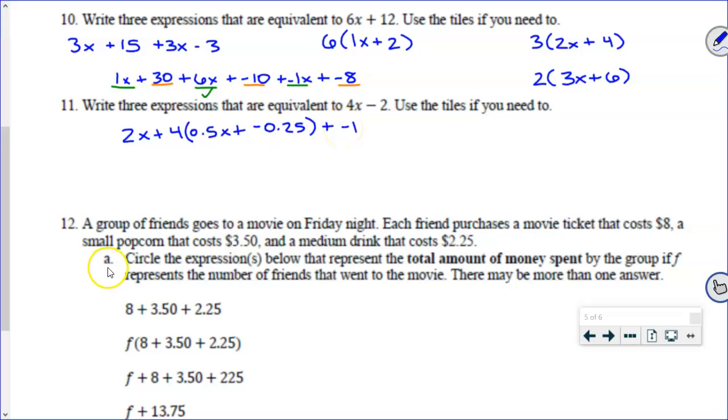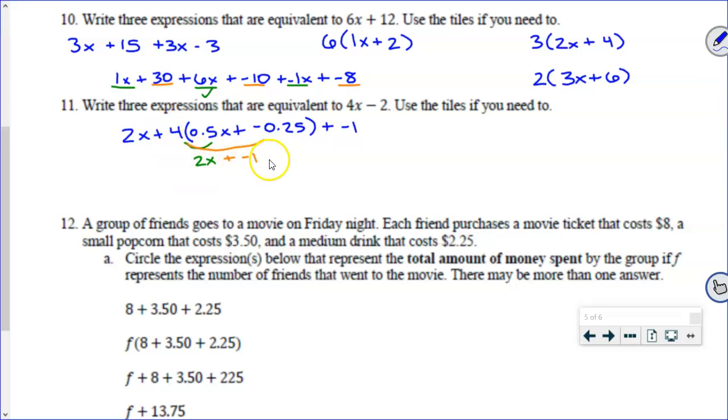Wow, okay, should we test it out and see? 4 times 0.5x, that's going to be 2x. And 4 groups of negative 0.25 is going to be plus a negative 1. Yeah, this is going to work.